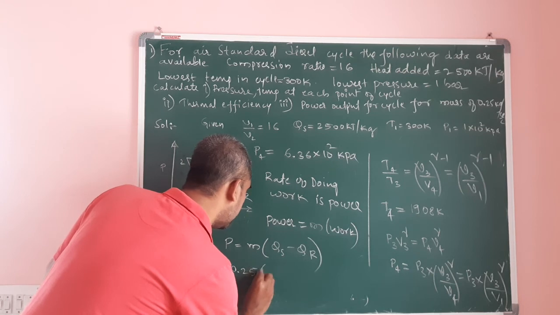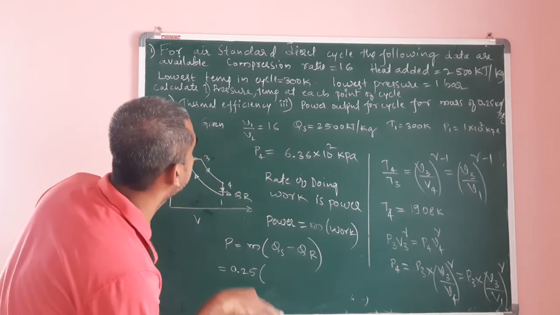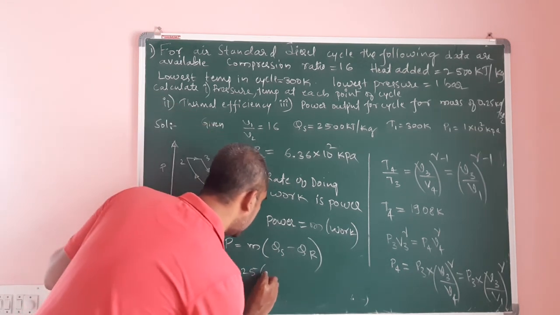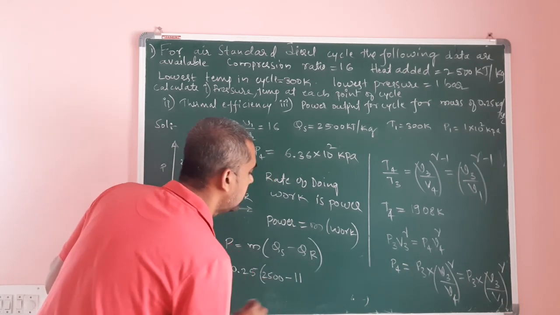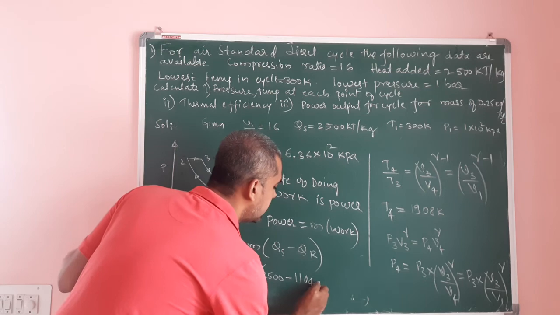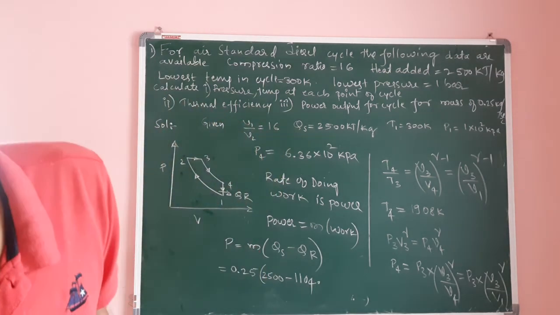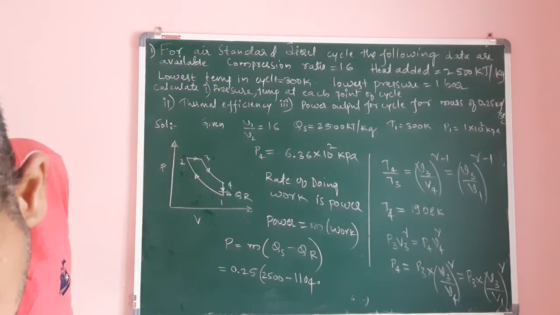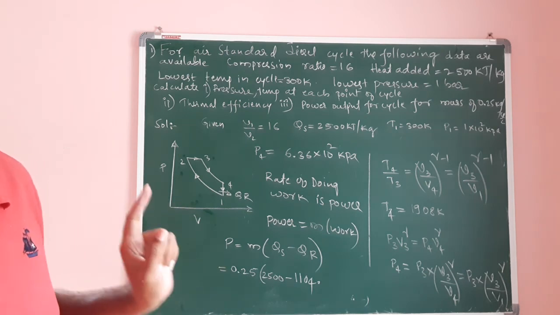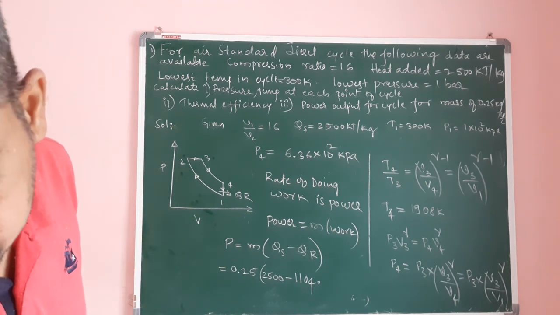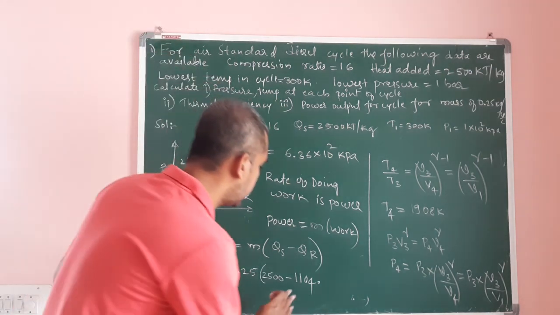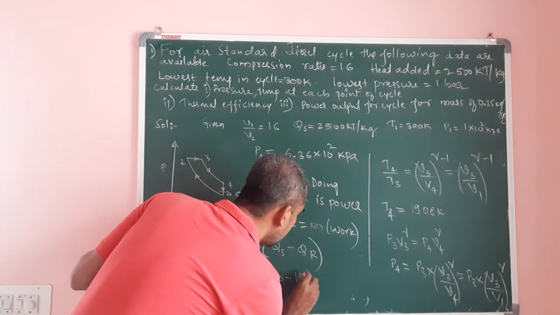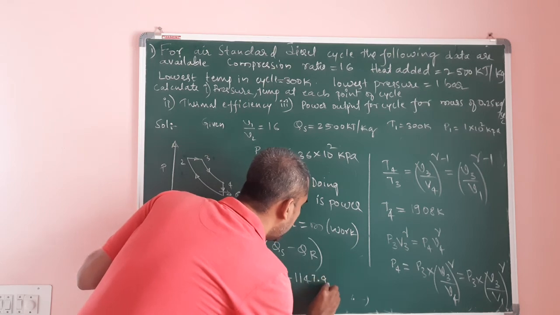QS minus QR: QS is heat supplied, that is 2500, minus QR, which we have just calculated, 1147.9.